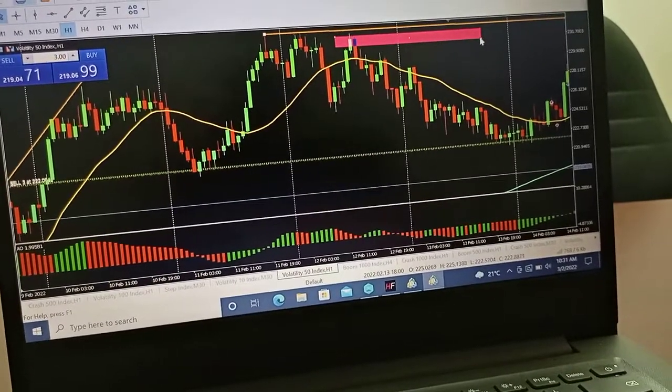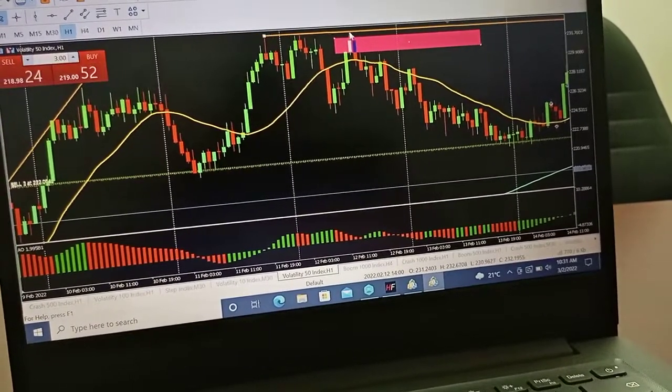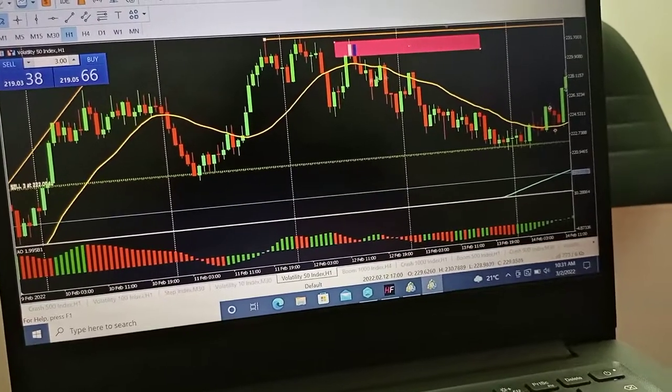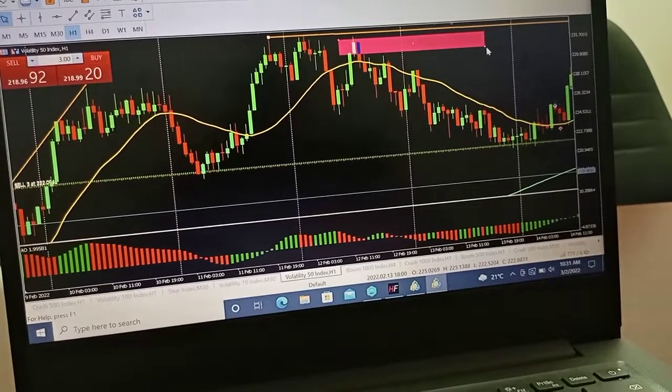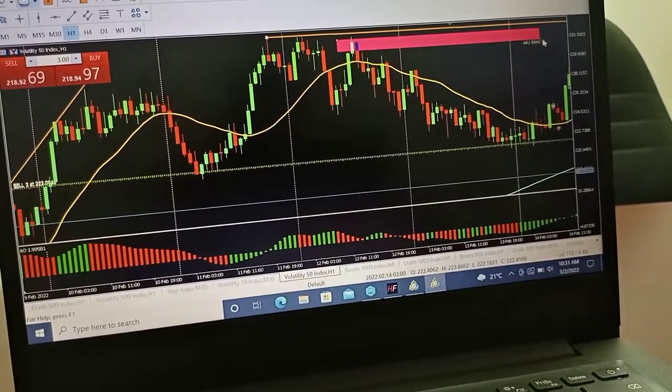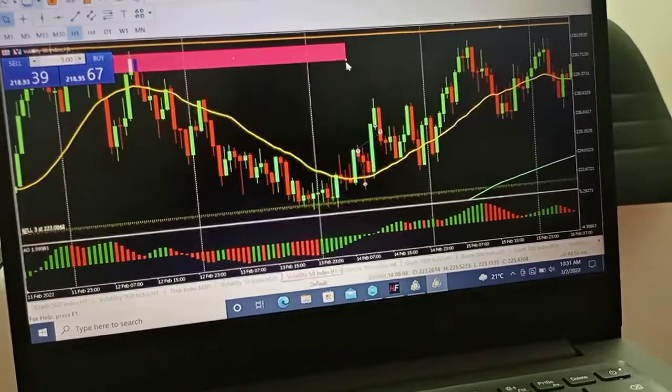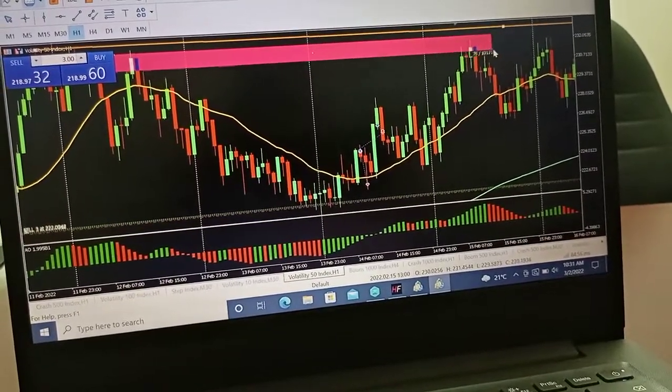In this area, you can see the market went down.